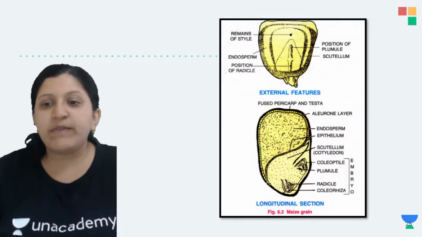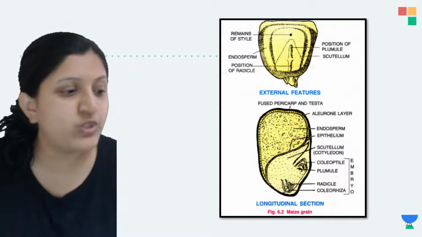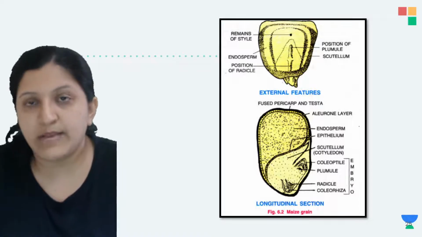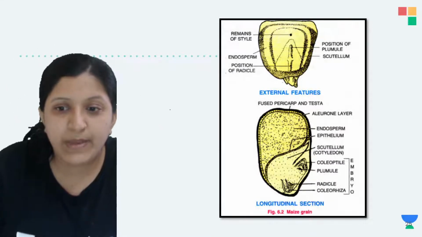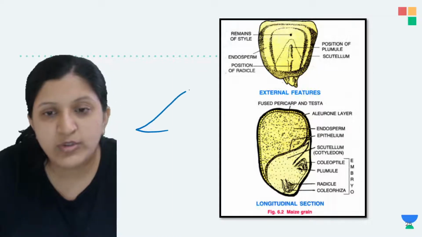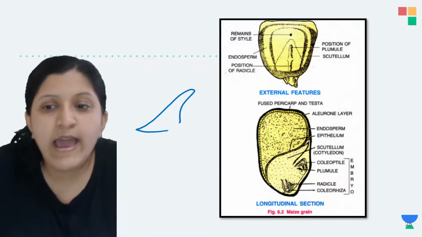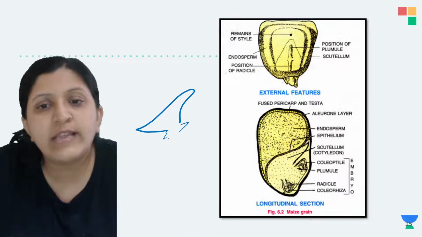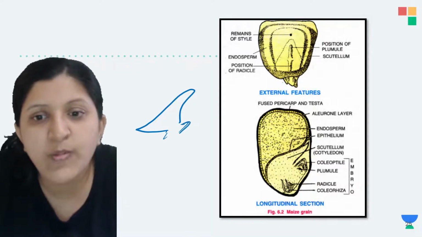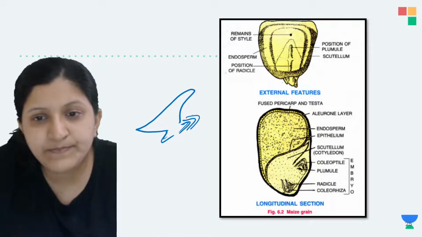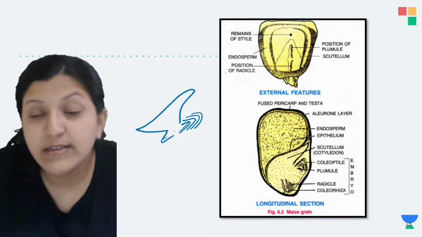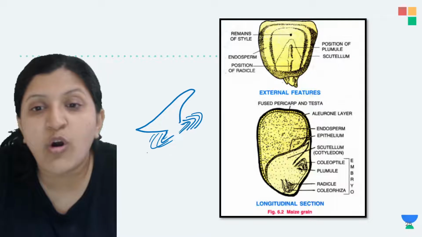Okay. The same thing I explained with respect to the scutellum or the cotyledon. You could see that there is a papery cotyledon, and you can find a structure here. The plumule will be there, and a radicle will be there. The plumule is covered by the coleoptile, and the radicle is covered by the coleorhiza.